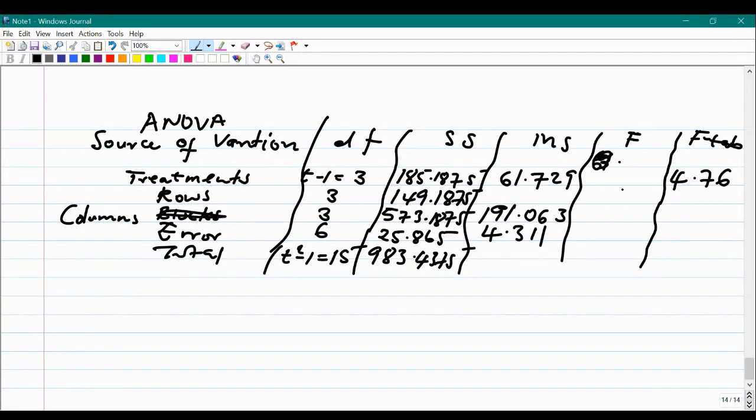Okay. Let's go. For rows, MS is 49.729. Okay. So for the column, is the value correct? Yes.